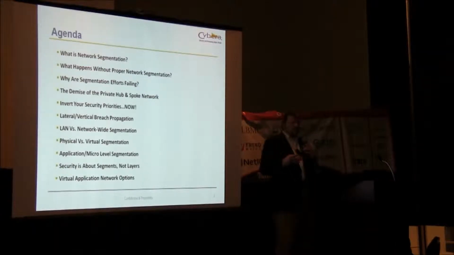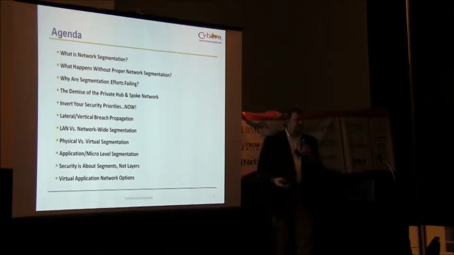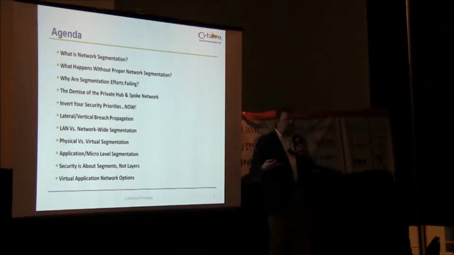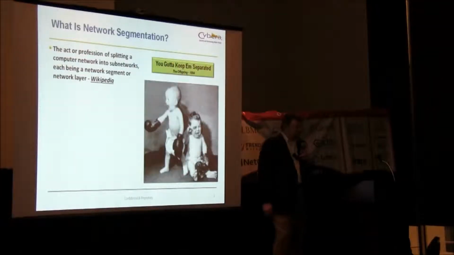And then, really get into the base concept of what is security really about? Is it layers versus segments? And then finally, try to leave you with an idea of what are some of your options out there? What can you look at, and what's a good way to look at a framework as to what options might be out there for you to look at as a resource or capability of segmenting your network.